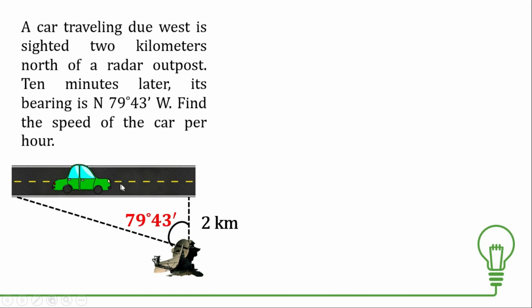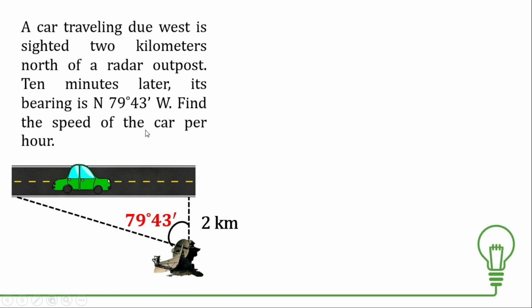So the car is going toward the west, which is why the bearing is north 79 degrees 43 minutes west. What we are looking for is the speed of the car per hour.